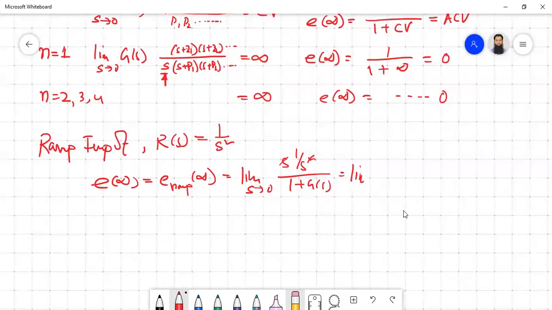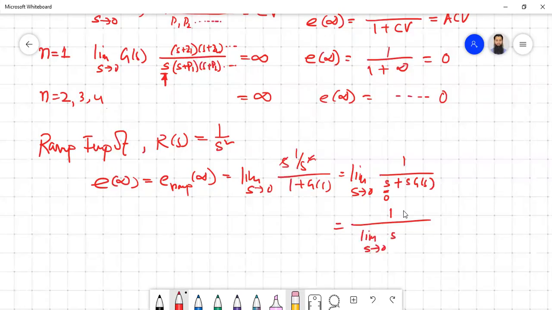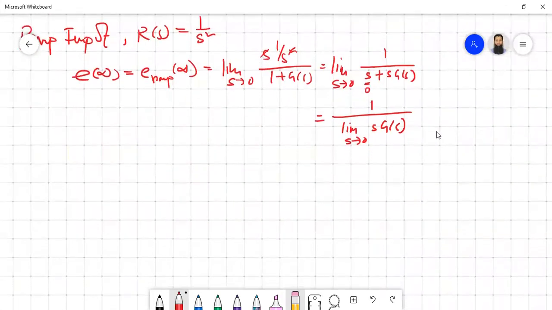So limit s tends to 0 of 1 by s plus s G(s). If you apply the limit, the first term will be 0, so the limit will be applied only to s G(s). So 1 by limit s tends to 0 of s G(s). So now your steady state error is modified for the ramp input to a form like this.